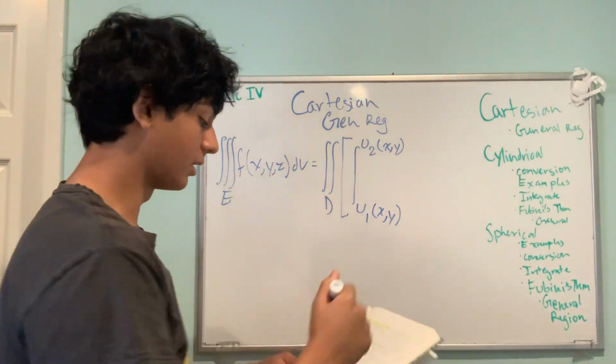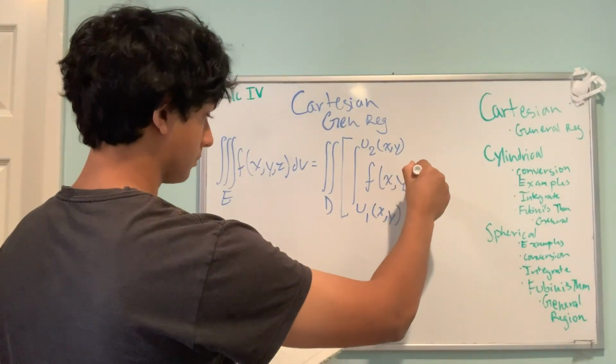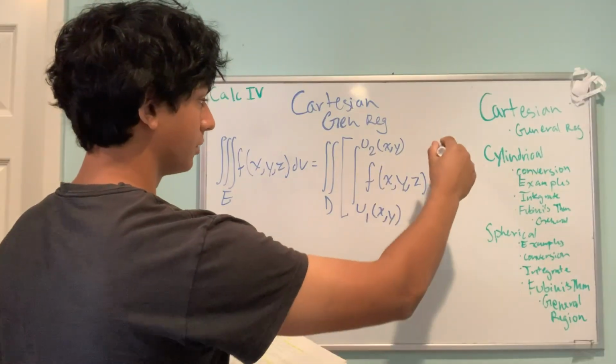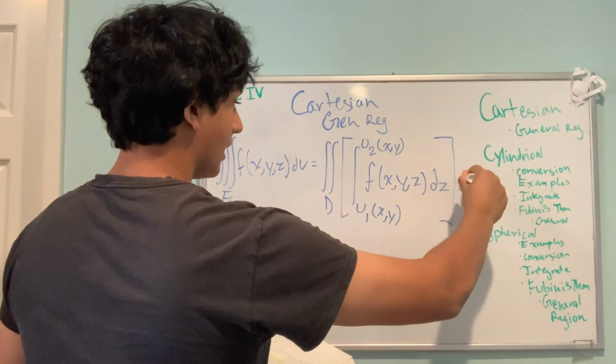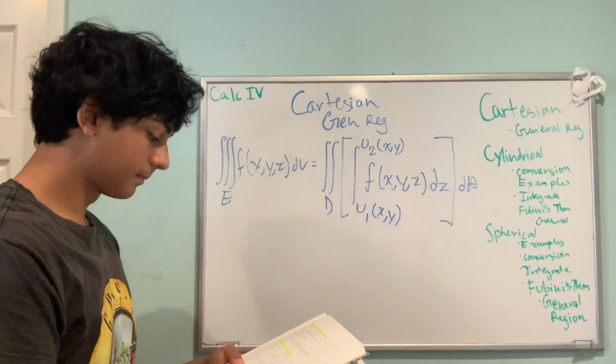I'll draw it right after this. And dz because these are z values, and dA because D is a region that has area.